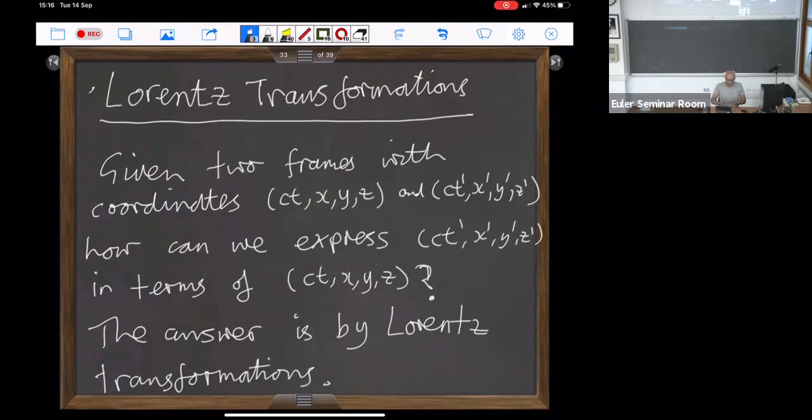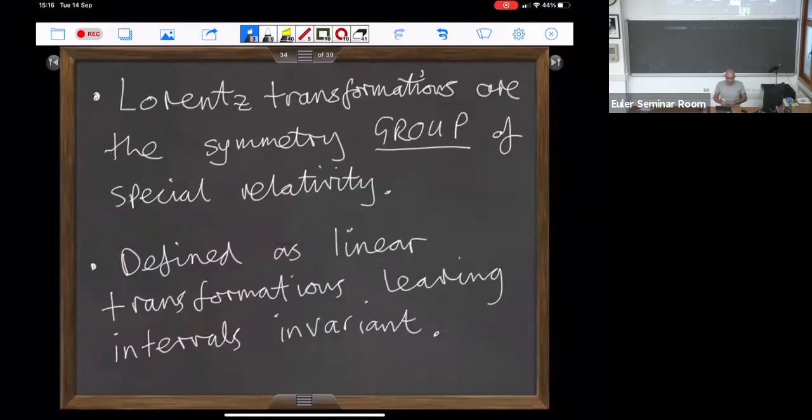Okay, so now we're building up towards defining mathematically Lorentz transformations. So given two frames with coordinates t, x, y, z, or t prime, x prime, y prime, z prime, how do we express the primed coordinates in terms of the original ones? And the answer to that is Lorentz transformations, which are the mathematical foundation of relativity theory.